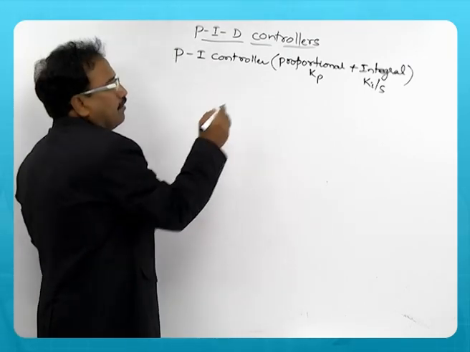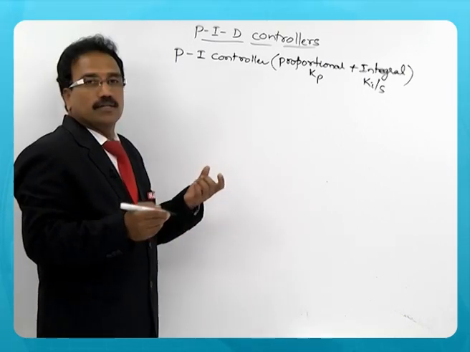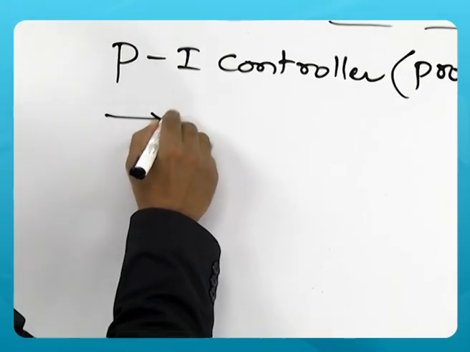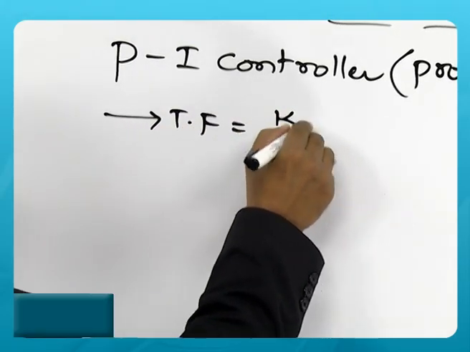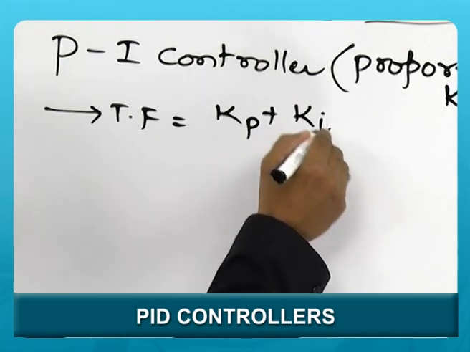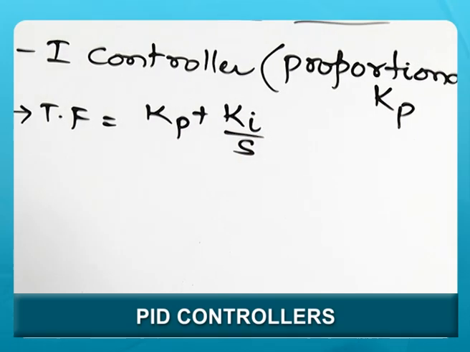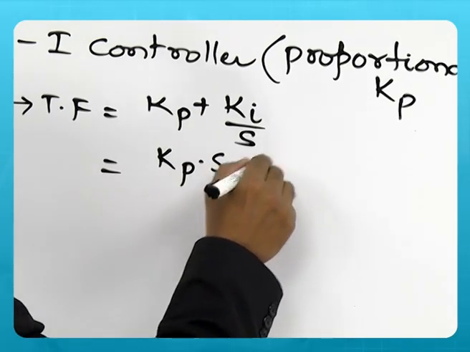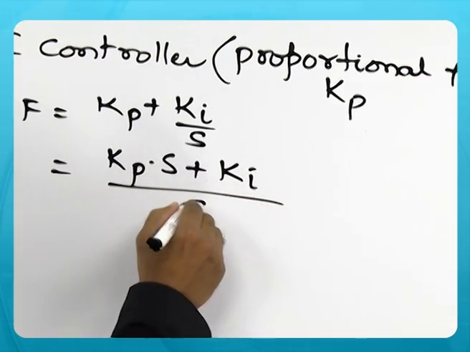So the transfer function of this controller becomes Kp plus Ki by S. So we can say this as Kp into S plus Ki by S.